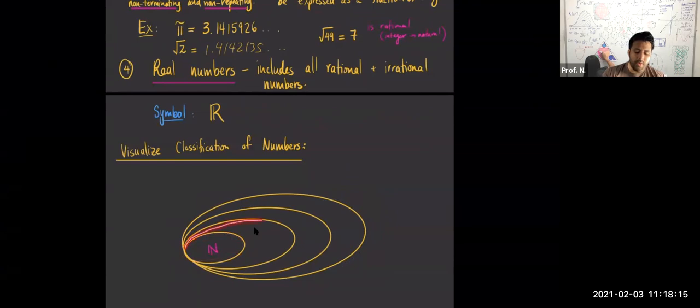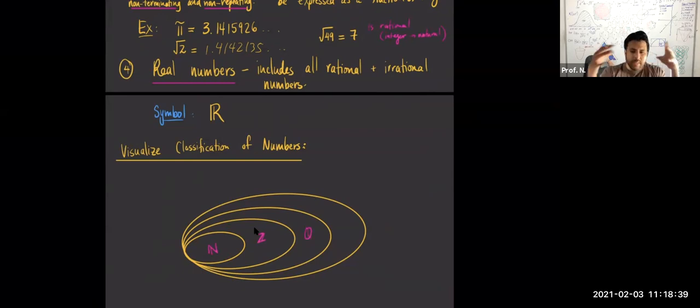And then the next group that extends these natural numbers are the integers. These include 0 and all the negatives of the natural numbers. And then what extends this even further are all of the rational numbers. These rationals include all the integers, which includes all of the natural numbers.